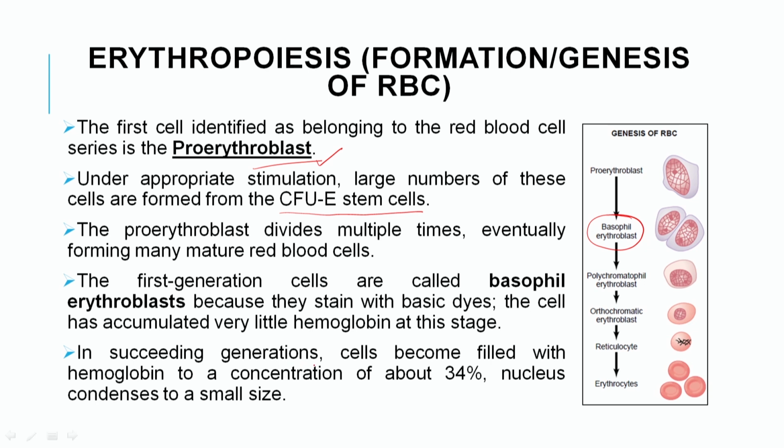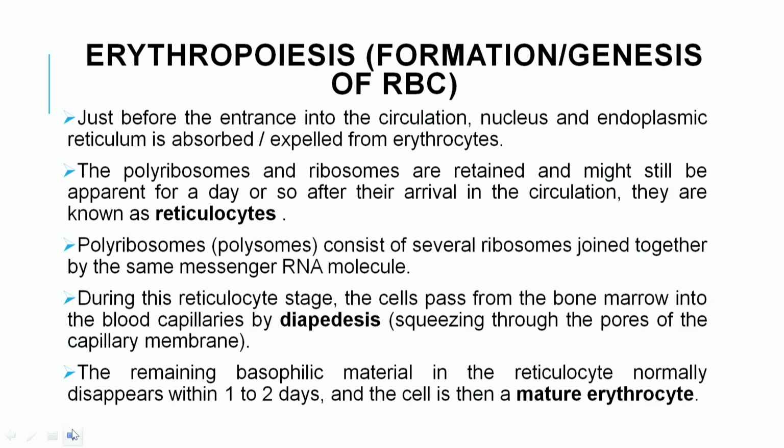In succeeding generations, cells become filled with hemoglobin to a concentration of about 34% and the nucleus condenses to a small size. Just before entry into the circulation, the nucleus and endoplasmic reticulum are absorbed and expelled from the erythrocytes.